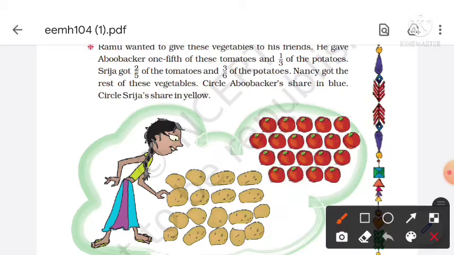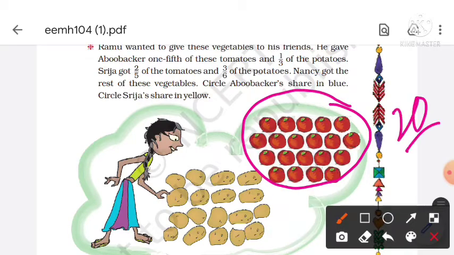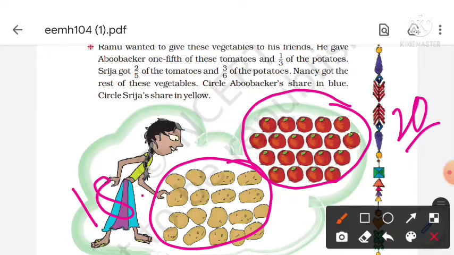Srija got 2/5 of the tomatoes and 3/6 of the potatoes. Nancy got the rest of the vegetables. Then circle Abu Bakr's share in blue and Srija's share in yellow. As you see here, the total number of tomatoes is 20 and potatoes is 18.